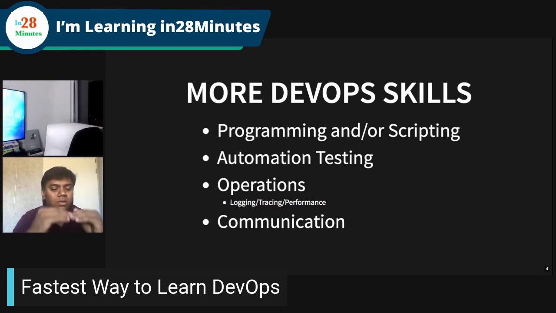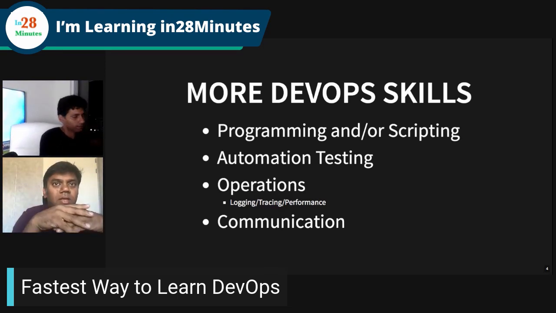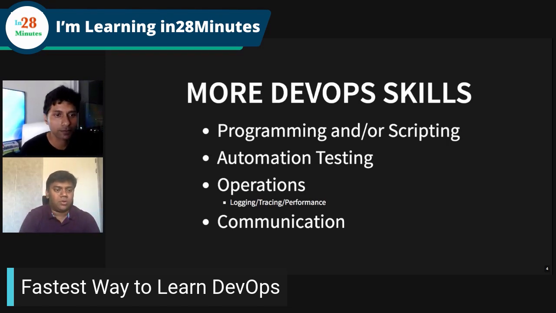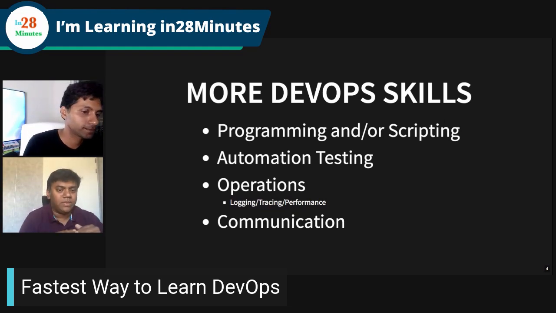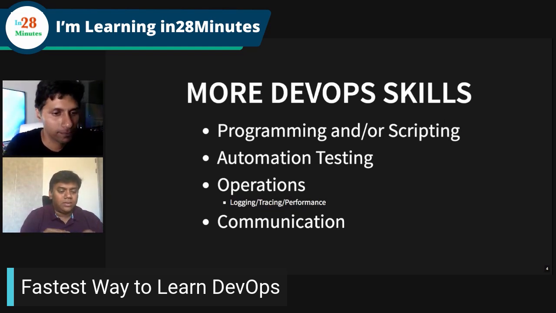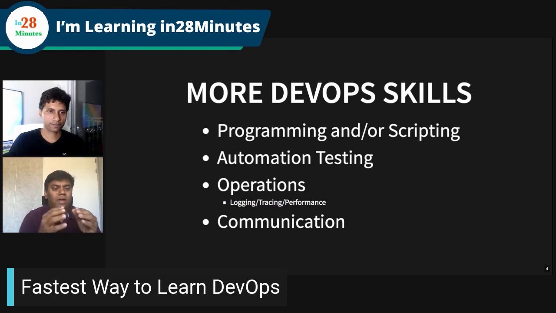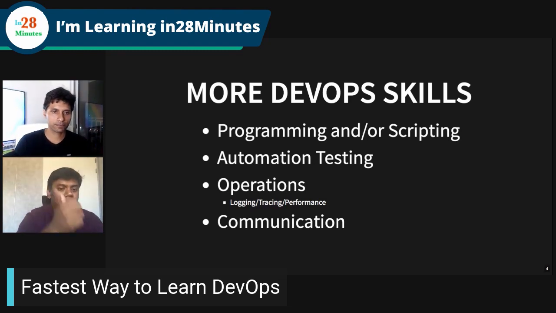You have very good skills in a certain area. For example, you could be a developer, or a tester, or an operations engineer. That is your primary skill. But then you have a wide knowledge. You know a lot about that particular area, but you will also have a little bit of knowledge about other areas. You may not be an expert in that, but you know how to do things.